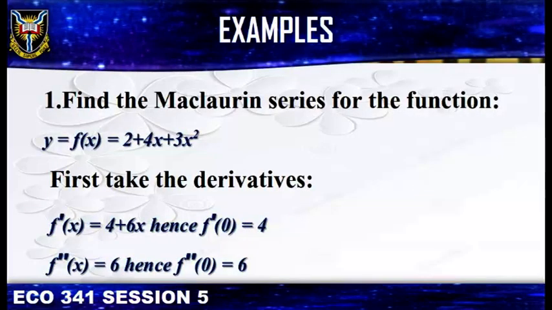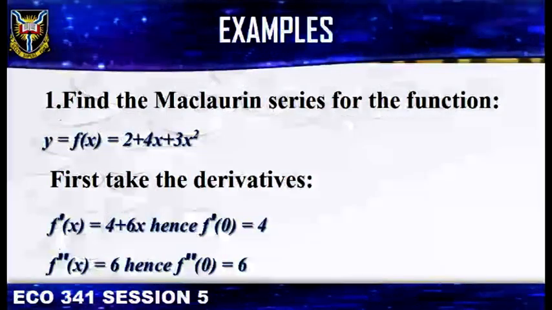Examples: 1. Find the Maclaurin series for the function y equal to f of x is equal to 2 plus 4x plus 3x squared. First, take the derivatives. f prime of x is equal to 4 plus 6x, hence f prime of 0 is equal to 4. f prime prime of x is equal to 6, hence f prime prime of 0 is equal to 6.